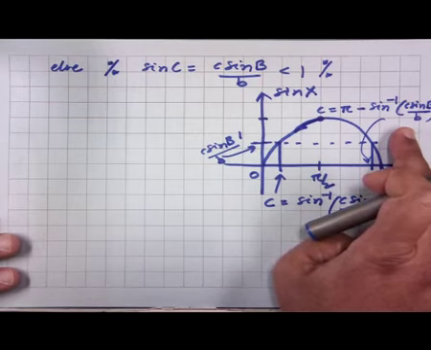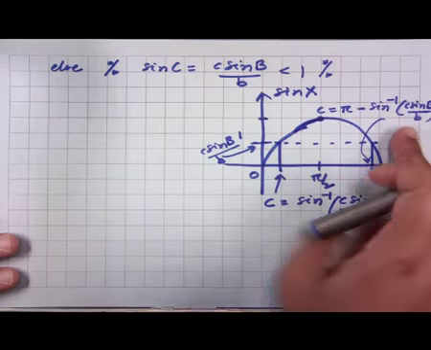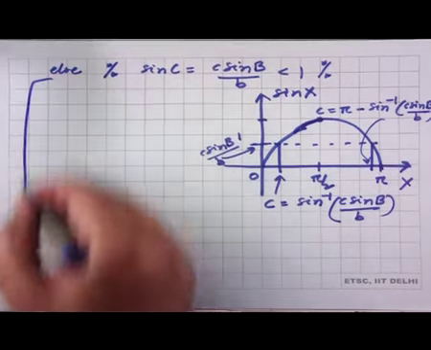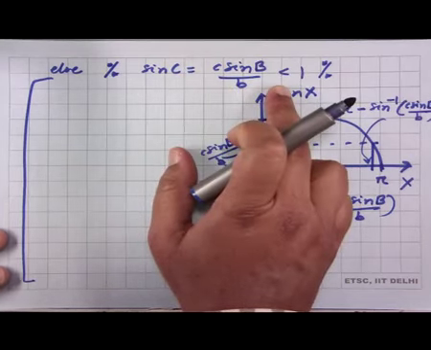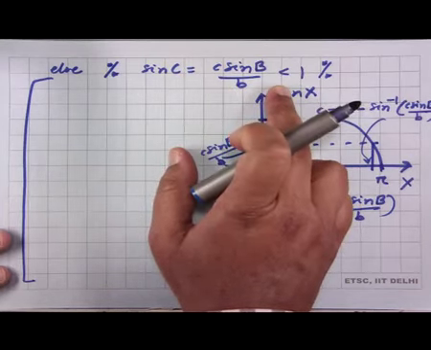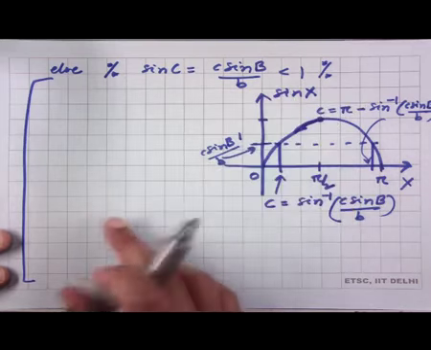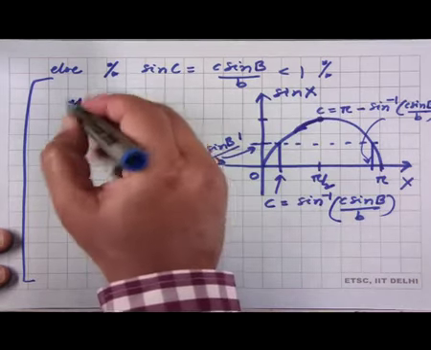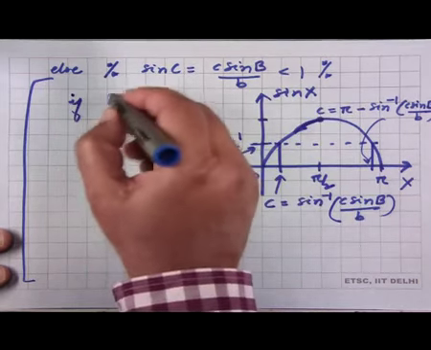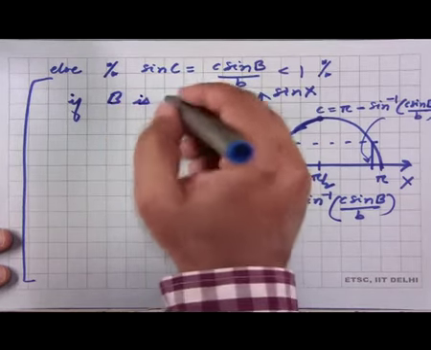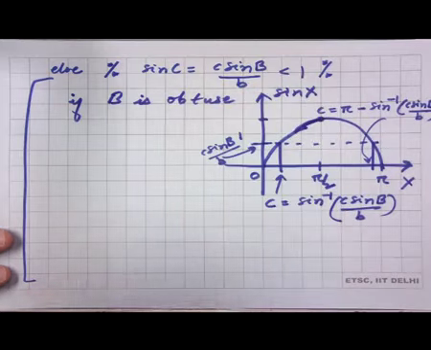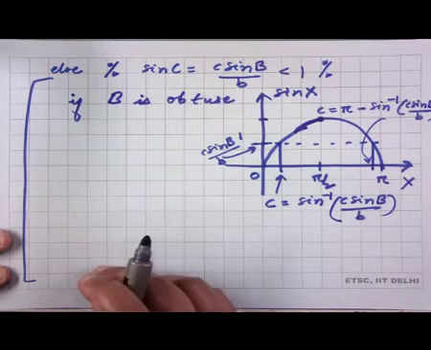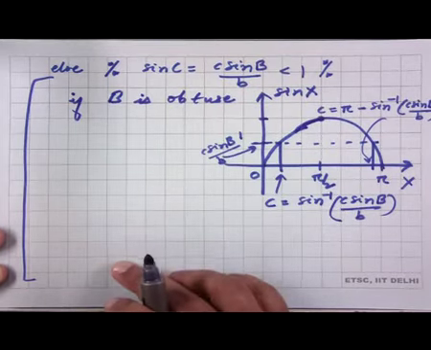So, here we have to see the value of angle B. For this scenario where this value is less than 1, we have two further sub cases. The two sub cases are if B is obtuse, and the other case is if B is acute.